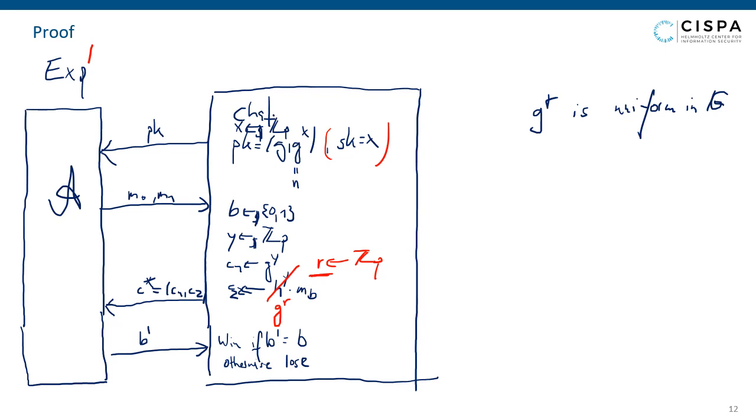That's the guarantee that we get. So we get that the probability that X prime outputs 1 is exactly 1/2, thanks to the security of the one-time pad.